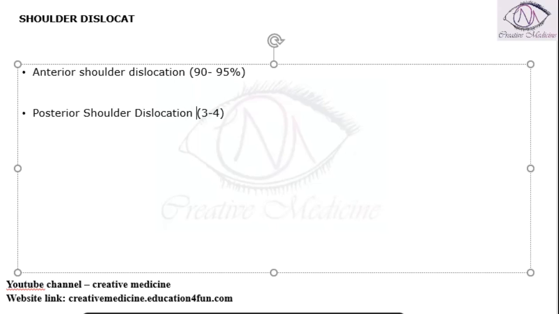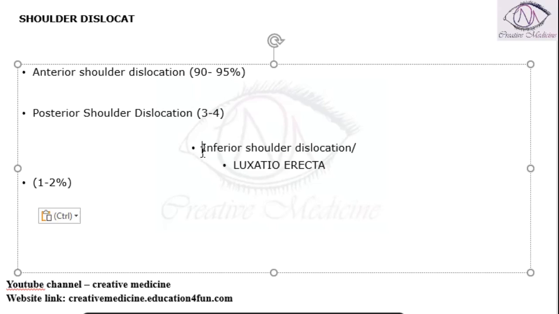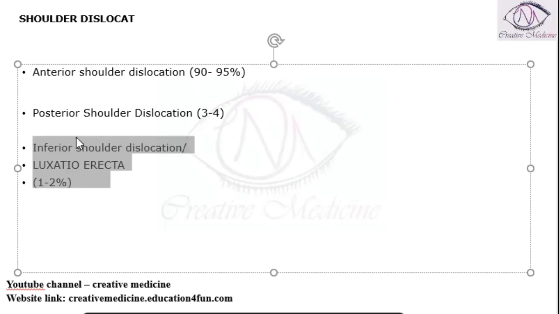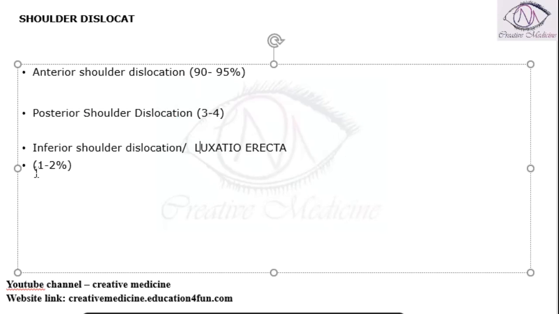Then we also have inferior shoulder dislocation, also called luxatio erecta, which involves only 1 to 2% of patients.